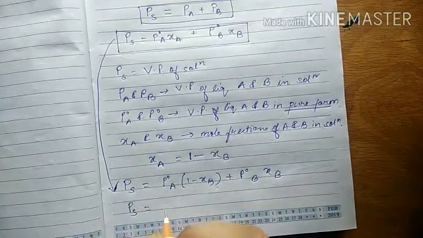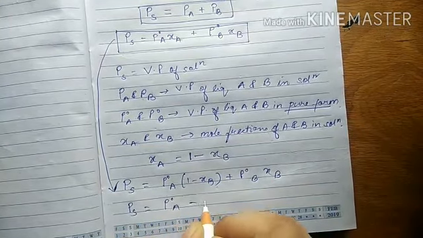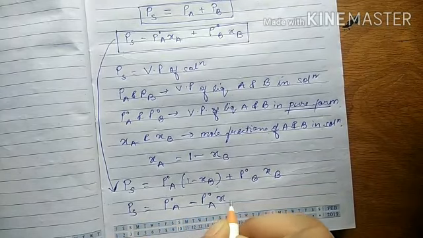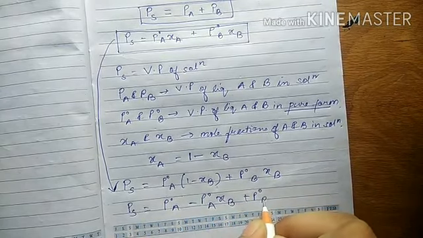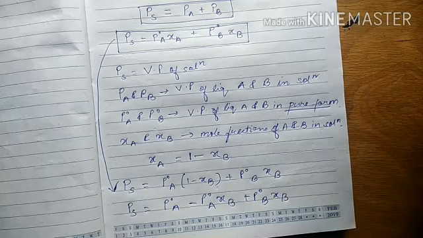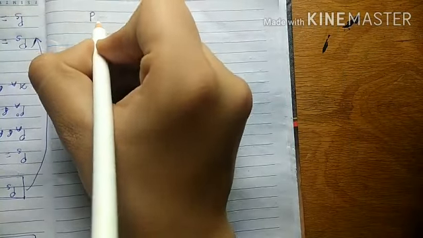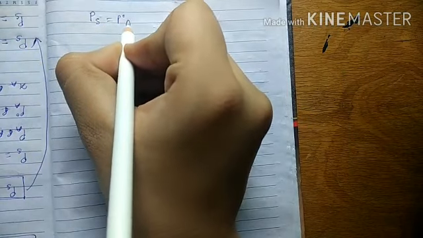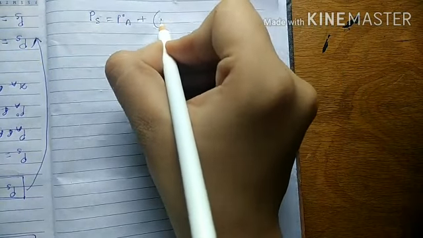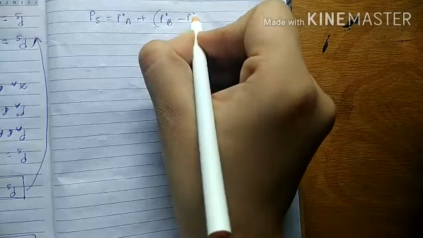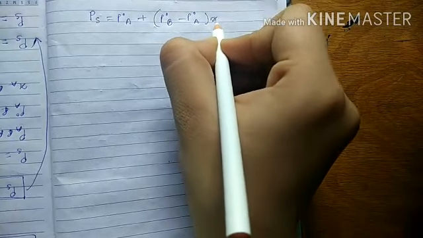On solving further, we get P naught A minus P naught A XB plus P naught B XB, or we get PS equals P naught A plus P naught B minus P naught A into XB.